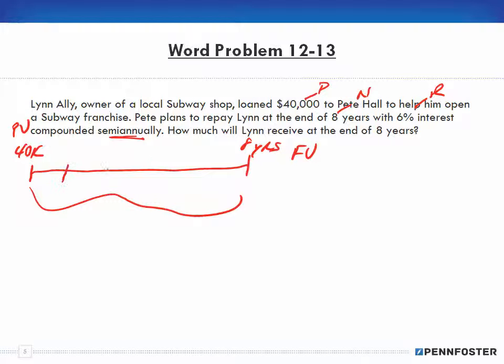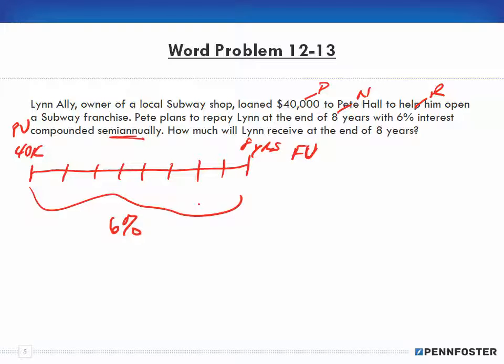So I have 8 years, 1, 2, 3, 4, 5, 6, 7, 8. Now you don't have to put in the hash marks. I just did that to give a little more solidity to this timeline. And we know that the interest rate is 6%. So it's asking how much will Lynn receive at the end of 8 years, the future value here.